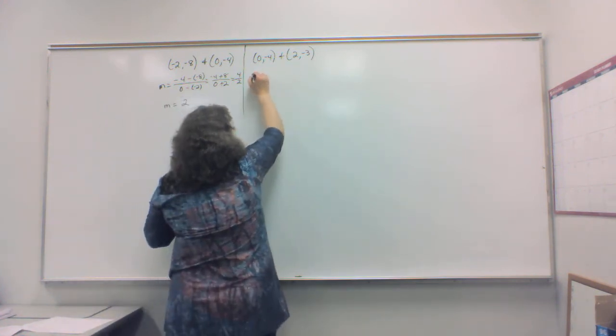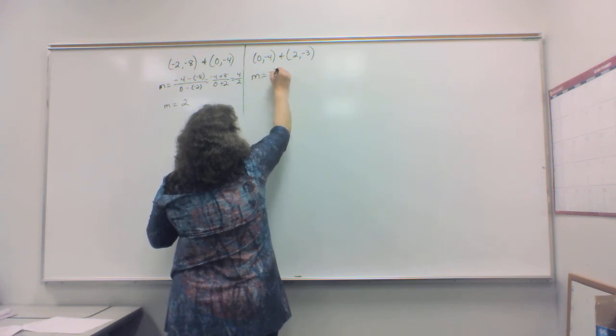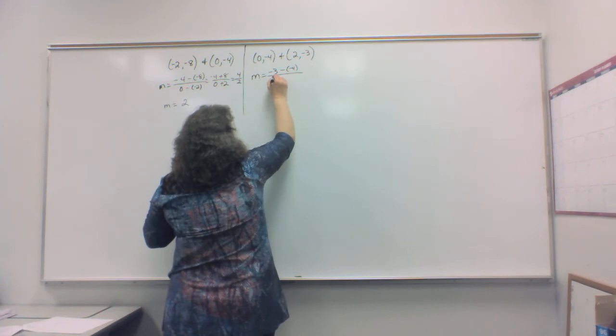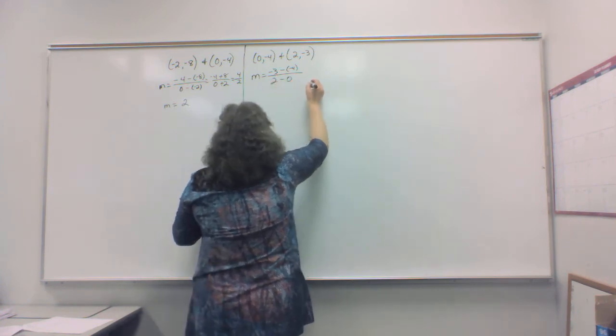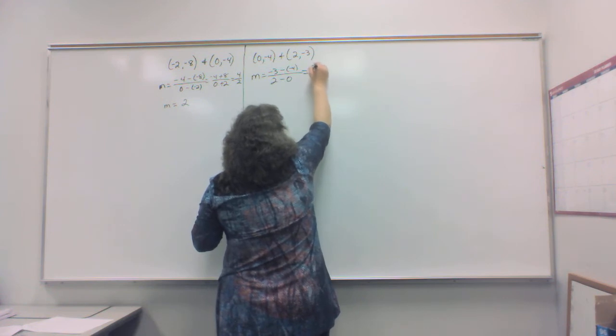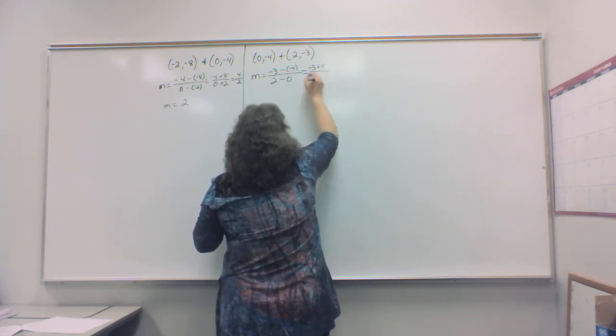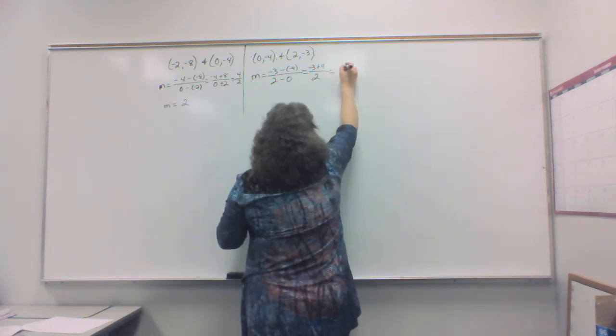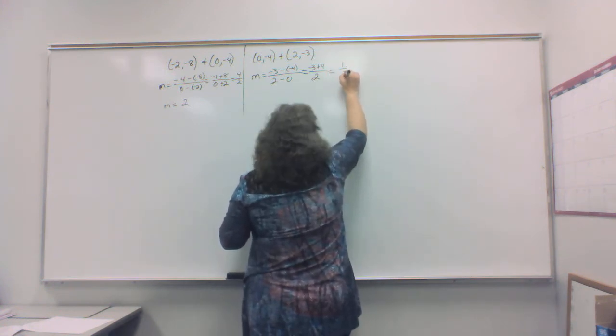Now let's do this one. M equals negative 3 minus negative 4 over 2 minus 0. So this is negative 3 plus 4. 2 minus 0 is 2. And this becomes a positive 1/2.